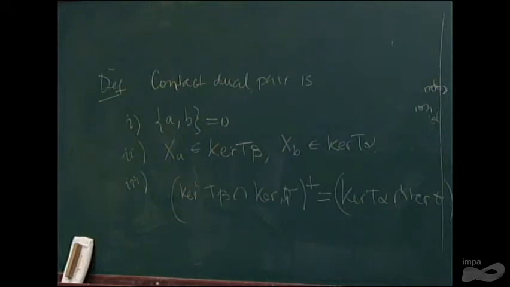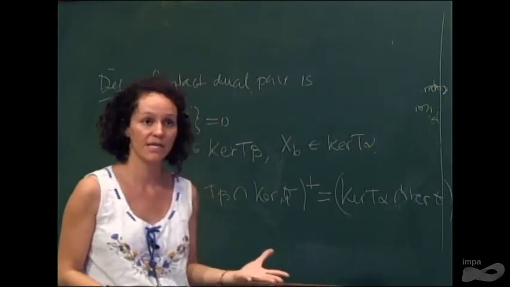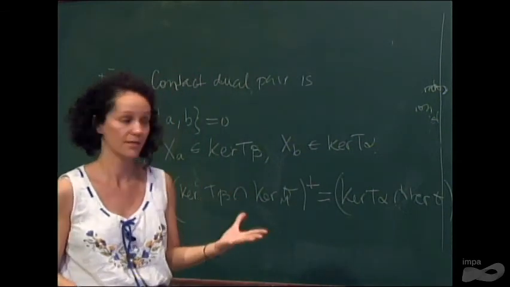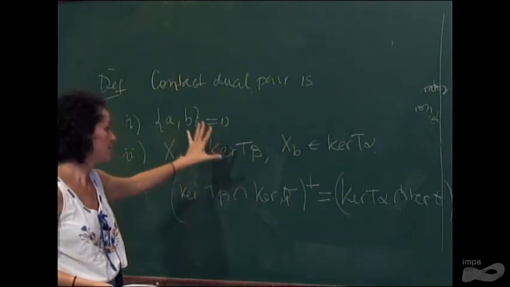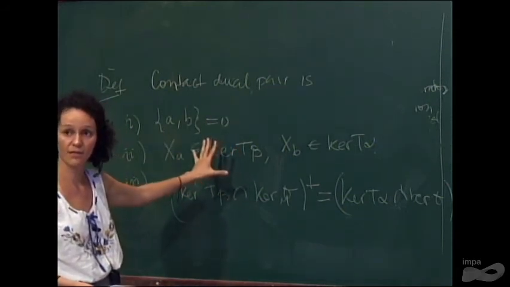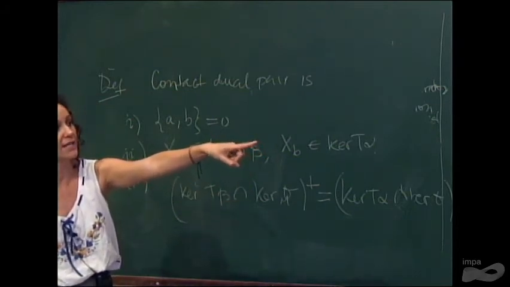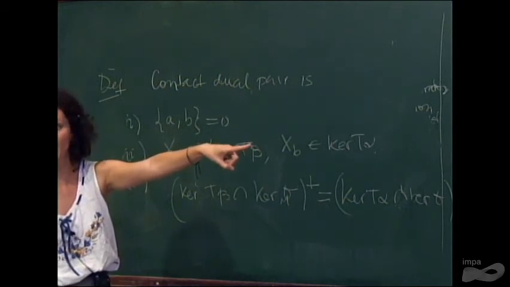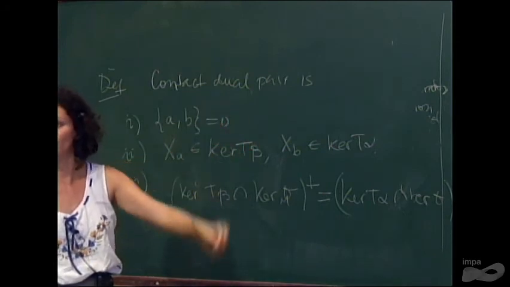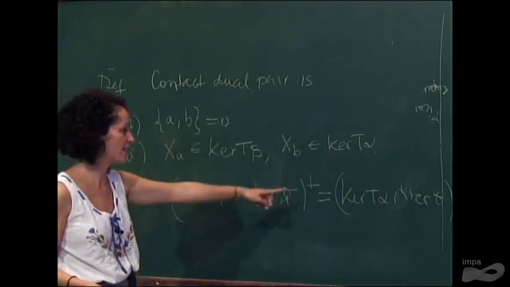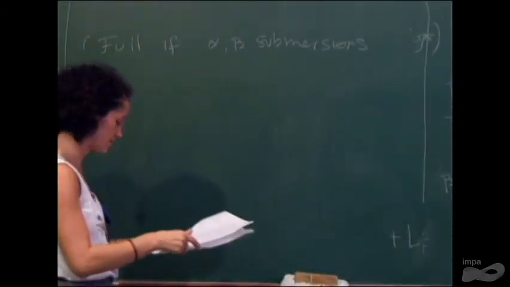And actually what you get is that for full contact dual pairs defined like this, so that the fibers are connected, this implies that F1 and F2 centralize each other. So actually this is an equivalent definition modulo some connectedness and this assumption of being submersions. Okay.